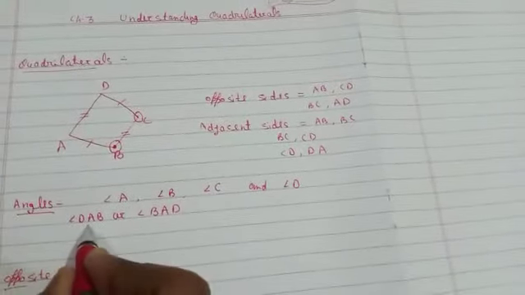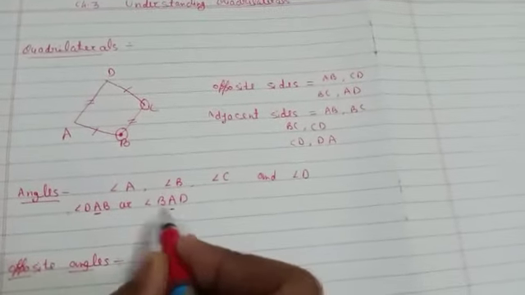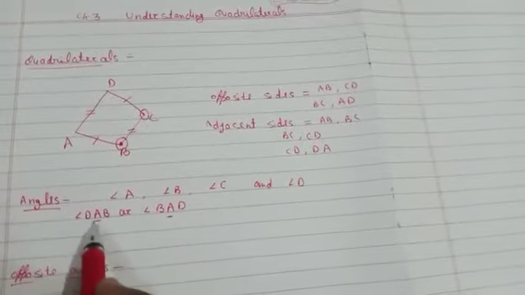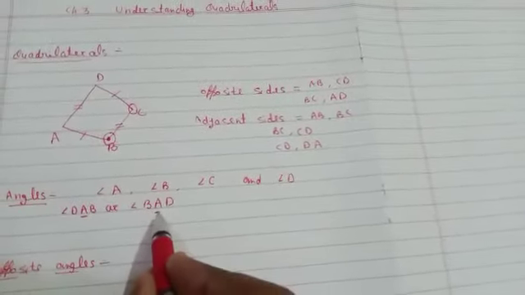The angle whose name we want to write should come in the middle. As you are seeing, in angle DAB, A is in the middle, and in angle BAD, A is in the middle.